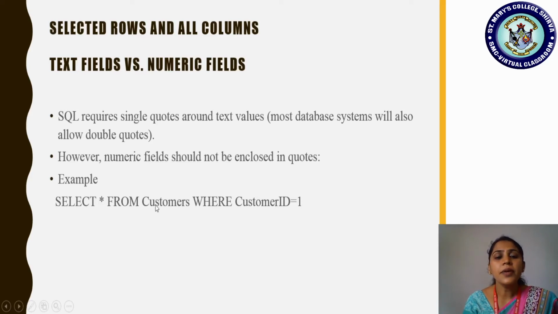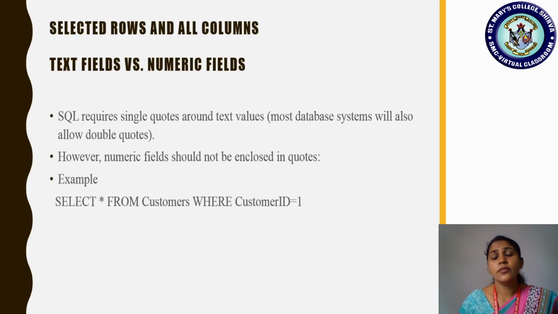SELECT * FROM Customers. What does it mean? Select all the columns from which table? The Customers table. But you are fetching only a particular row. Which row? The one where you are using the WHERE clause. What is the condition here? CustomerID equal to 1. So you are fetching the row of that customer ID.